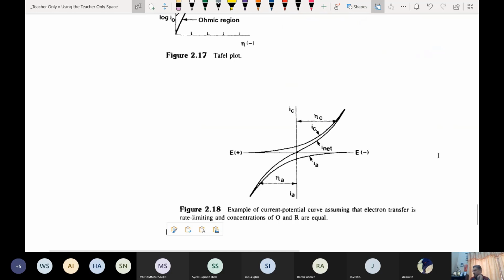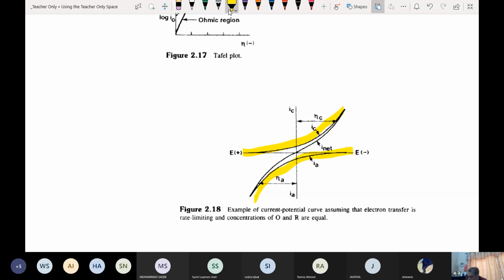So you see that here we have a certain different situation. You see, this is going like this, and then it is going like this. Now this curve over here is the cathodic.